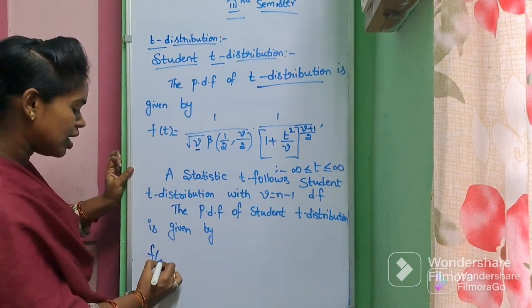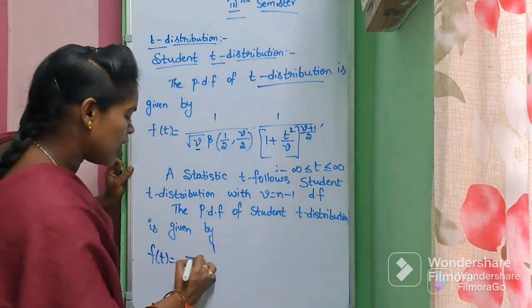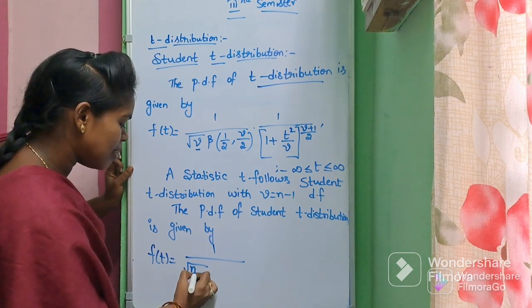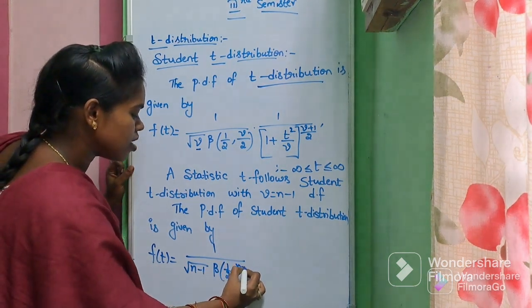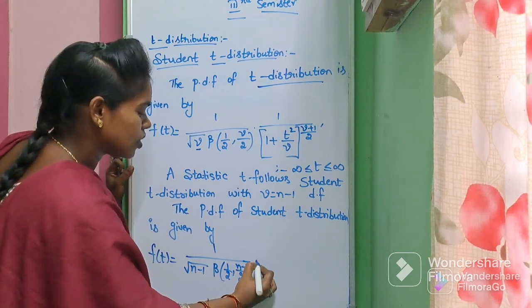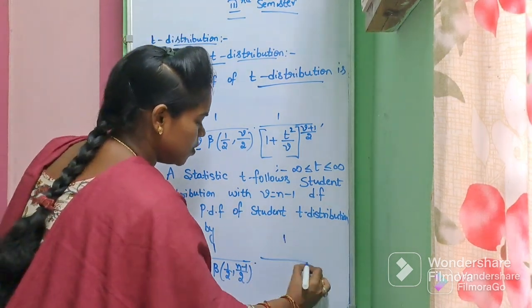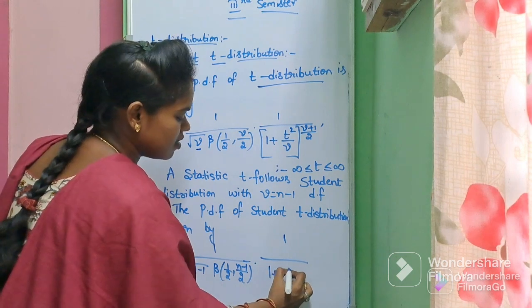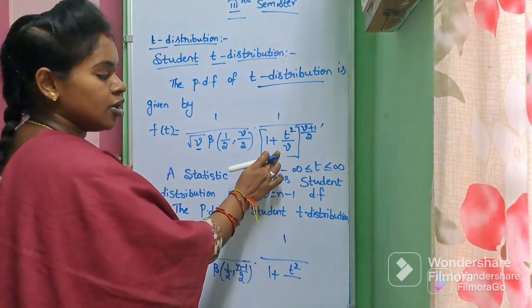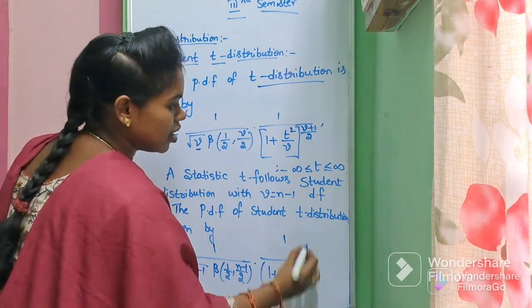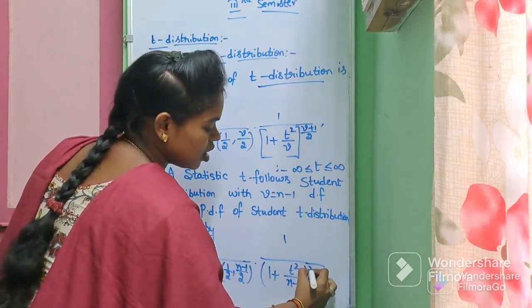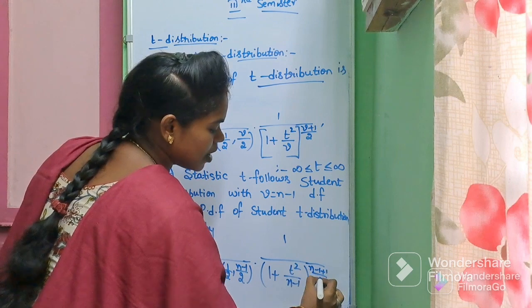Here f of t can be changed to 1 by square root of n minus 1 into beta of 1 by 2 comma n minus 1 by 2 into 1 by 1 plus t square by, in place of nu we have to replace n minus 1, whole power n minus 1 plus 1 by 2.